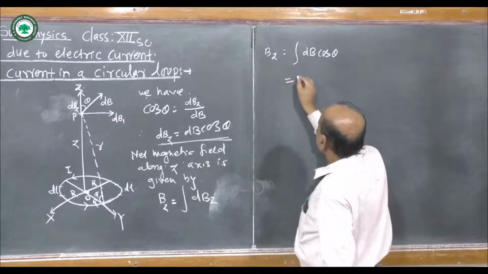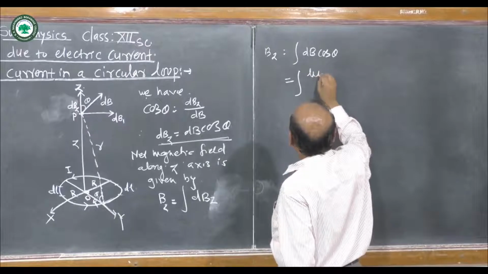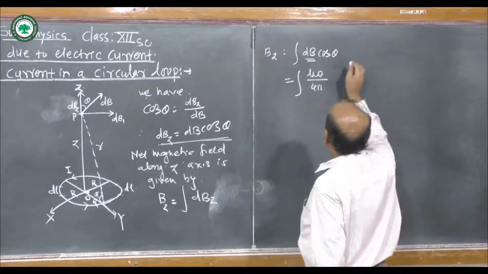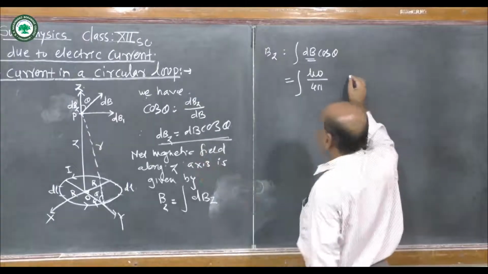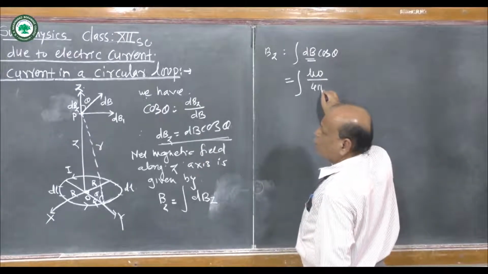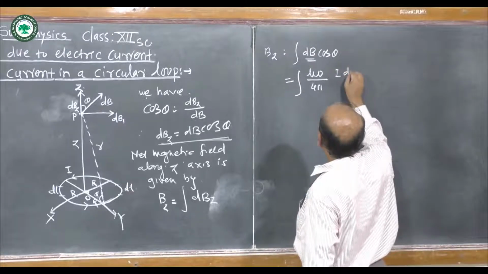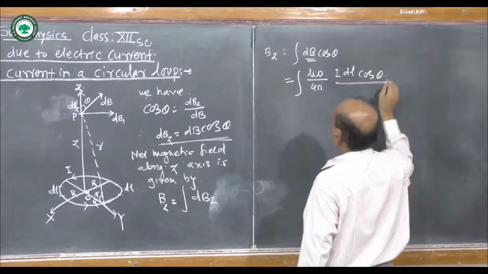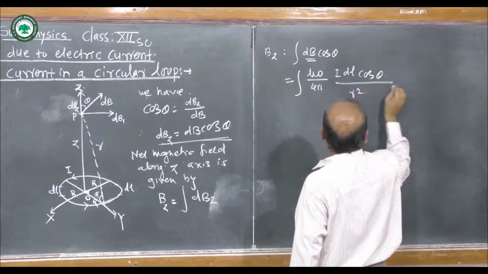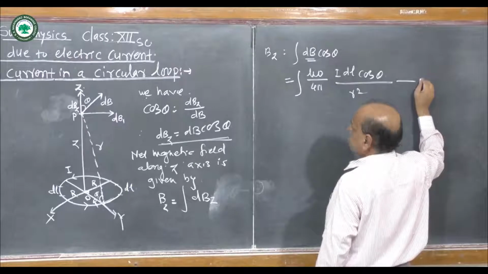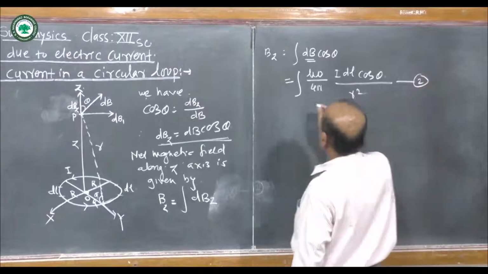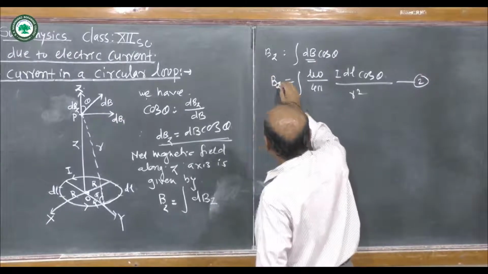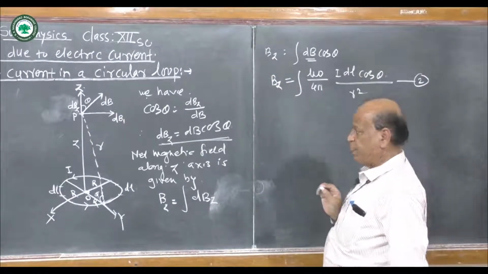Then, putting the value of dB from equation 1, Bz is the integration of mu 0 upon 4 pi, I dl cos theta, divided by r square. This is equation number 2. This is the axial magnetic field.